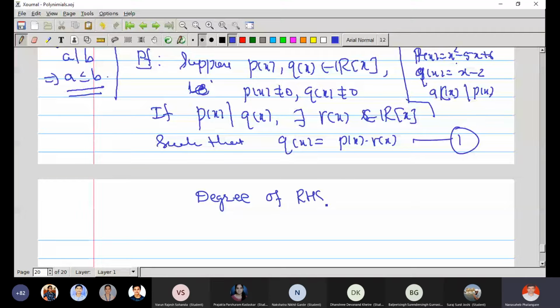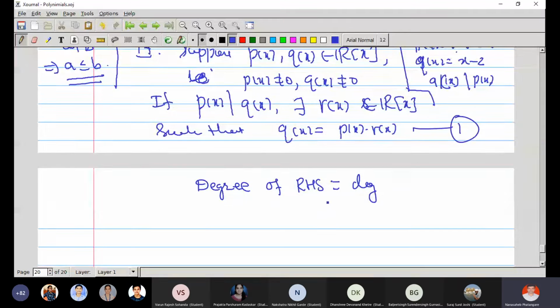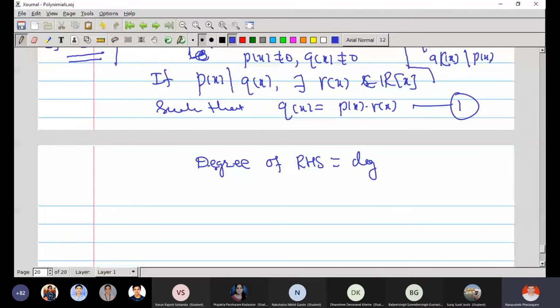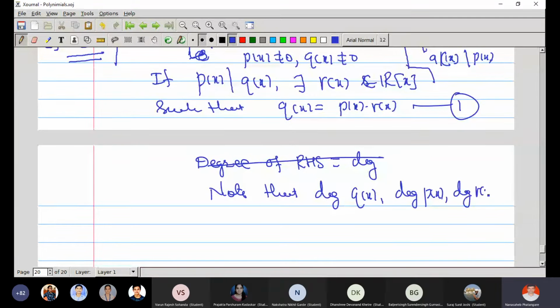Note that degree of q(x), degree of p(x), degree of r(x) are all non-negative quantities. Degrees are numbers and degrees cannot be negative. Degree is always either 0 or positive: 0 degree polynomial, 1 degree polynomial, 2 degree polynomial. Degrees are non-negative.